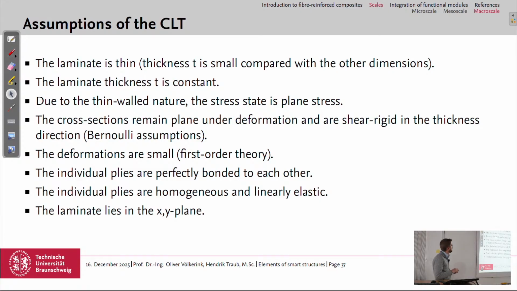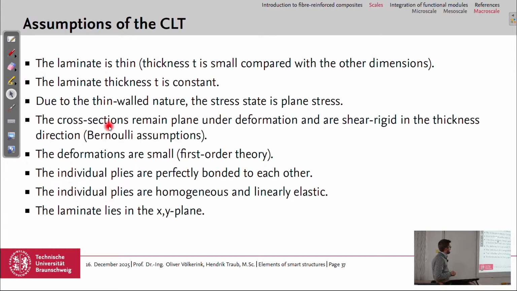Assumptions of the classic lamination theory are that the laminate is thin, so the thickness is small compared to the other directions. That we assume that the laminate thickness is also constant. We assume a plane stress state because we have the thin-walled structure.